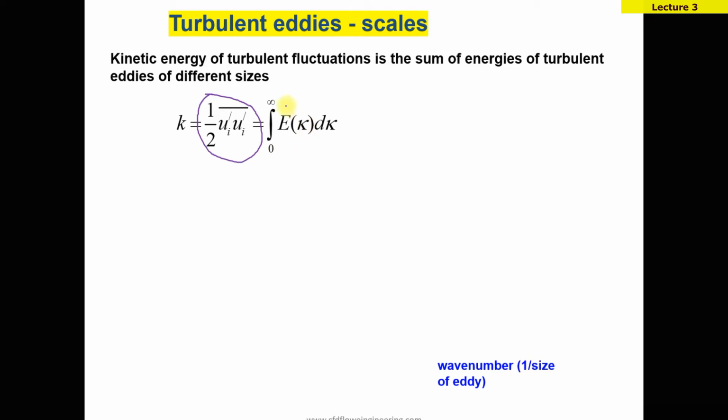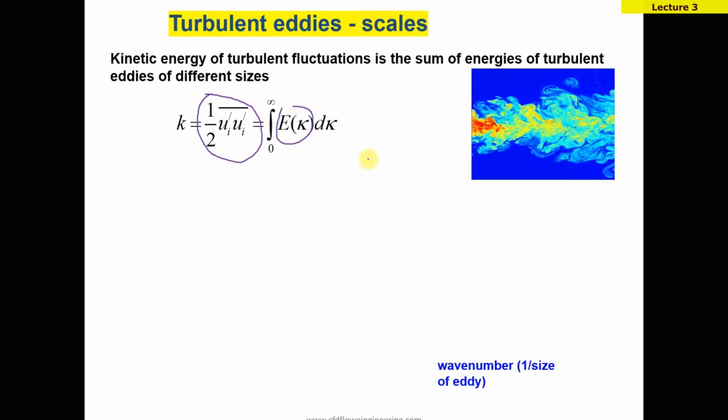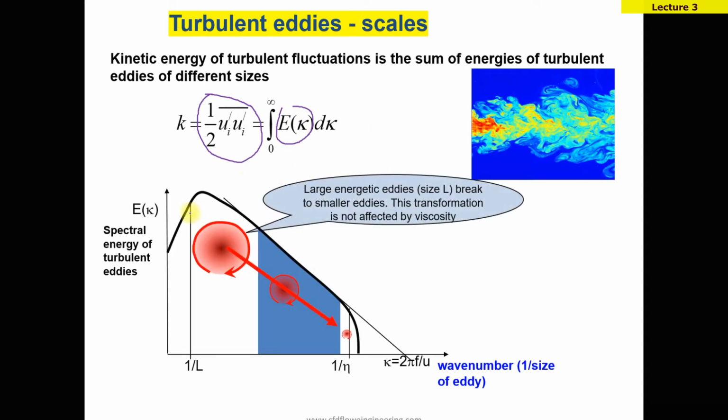For each eddy, we can find out the kinetic energy. We can write the kinetic energy as a function of wave number. We integrate over it, then we get the total kinetic energy of the fluctuating eddies. It is also called turbulent kinetic energy.